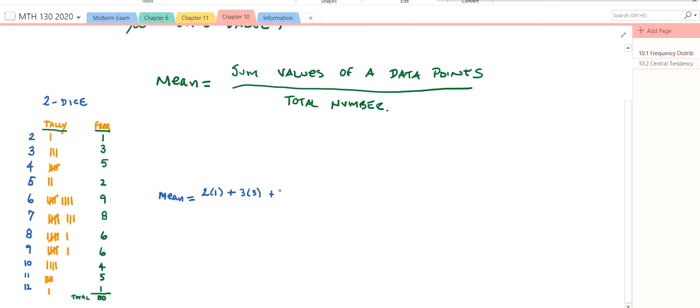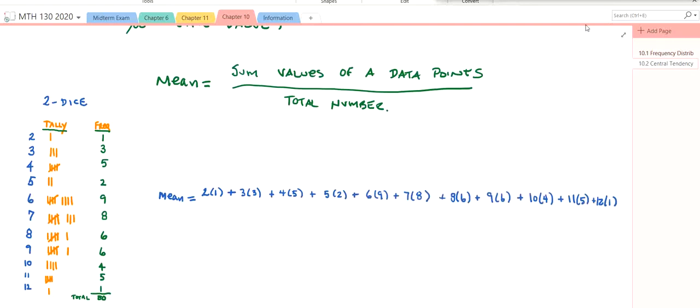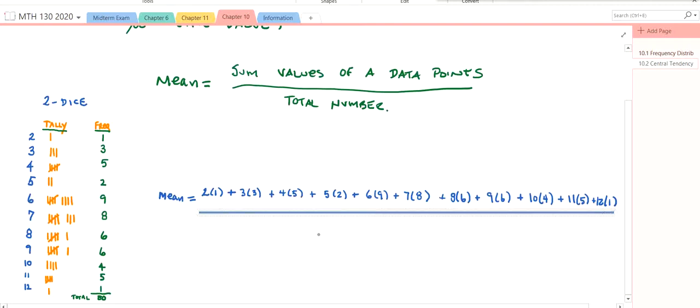And then I rolled a 4, 5 times. I rolled a 5, 2 times. And then I just went and completed the rest of these in the numerator. And then I divide this by the total number of times we rolled the dice, which is 50.